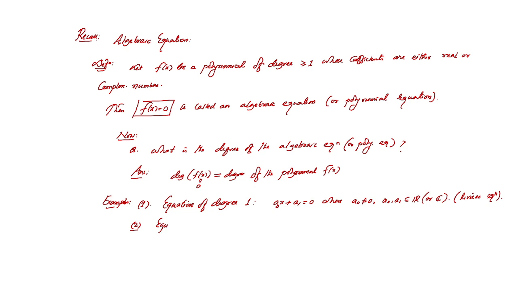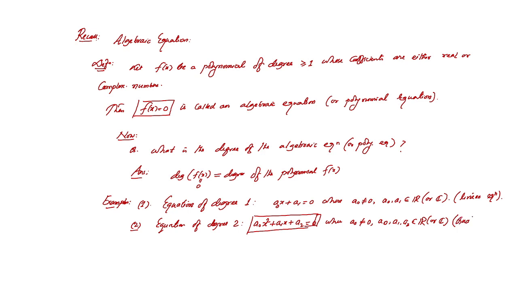Now algebraic equation of degree 2 can be written as a0x square plus a1x plus a2 equals 0, where a0 is non-zero and a0, a1, a2 are either real constants or complex, and this equation of degree 2 is called quadratic equation.